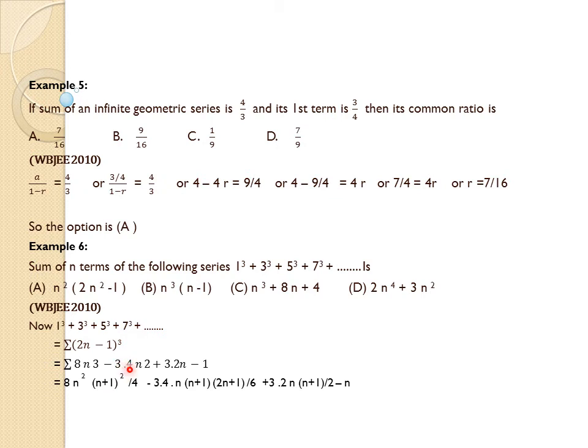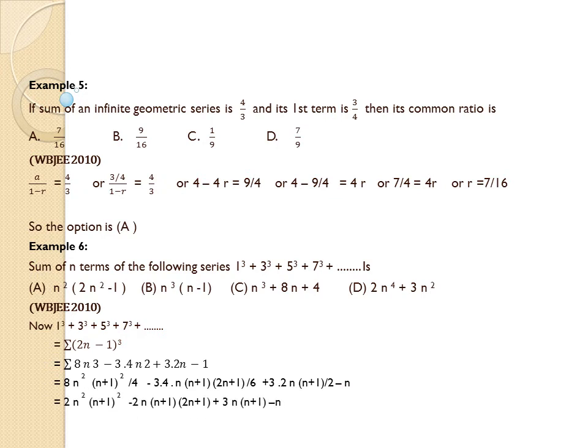3 into 4, then n square. Summation of n square means n into (n plus 1) into (2n plus 1) divided by 6. These things we have learned. And 3 into 2, summation of n, that is n into (n plus 1) divided by 2, and minus 1. So 1 means that is 1 plus 2 plus 3 plus 4 up to the n term, so that is n.